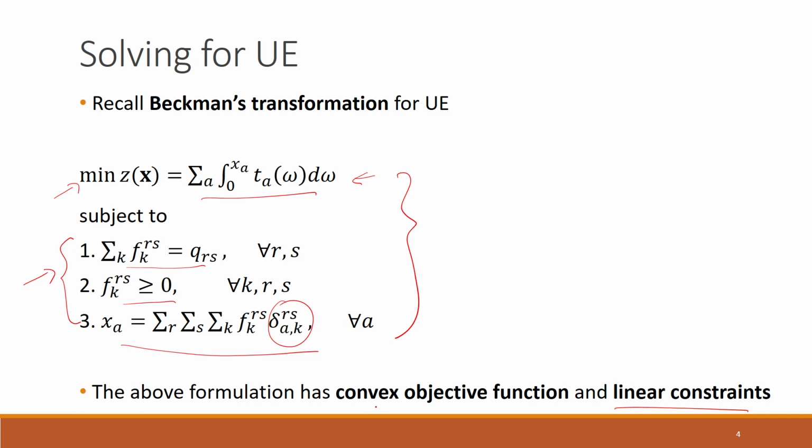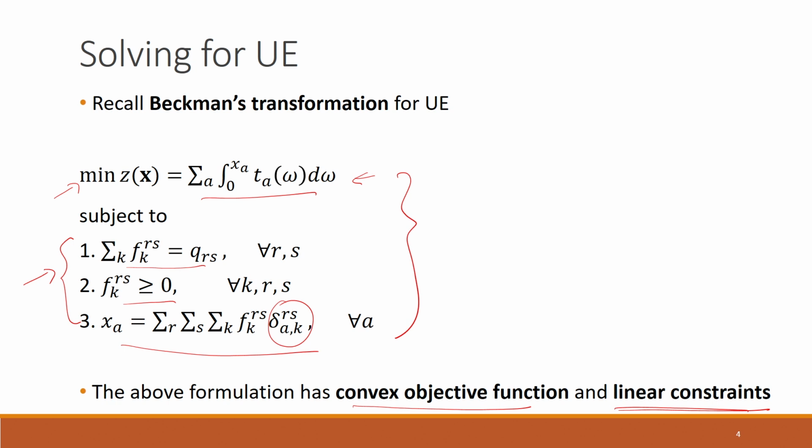Since this optimization formulation for user equilibrium has a convex objective function and linear constraints, it is possible to use the convex combination algorithm to solve it. One more thing is that any other optimization formulation which need not have a convex objective function and linear constraints can also be targeted through the convex combination algorithm, but this algorithm may not have the guarantee to reach the optimal when a sufficiently large number of iterations proceed.